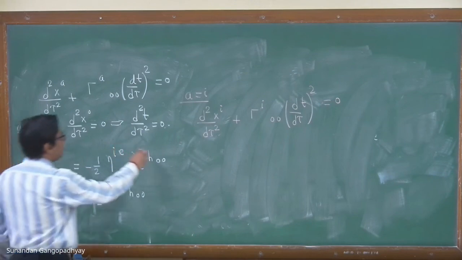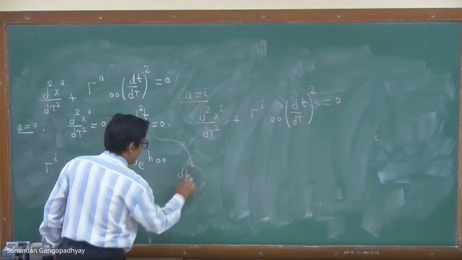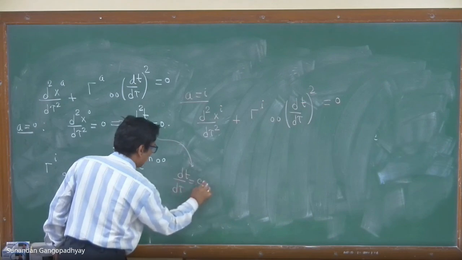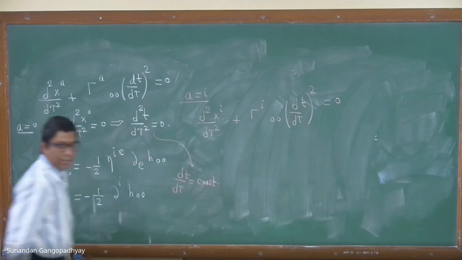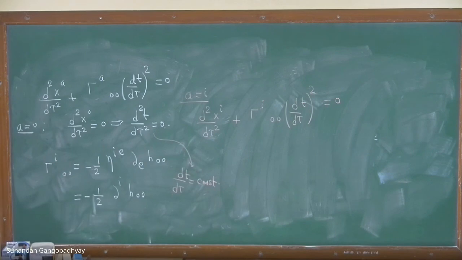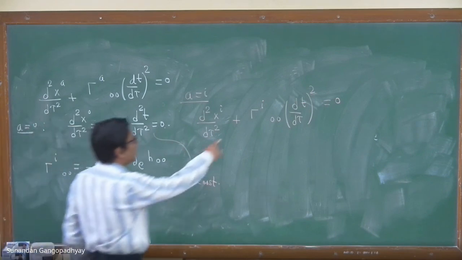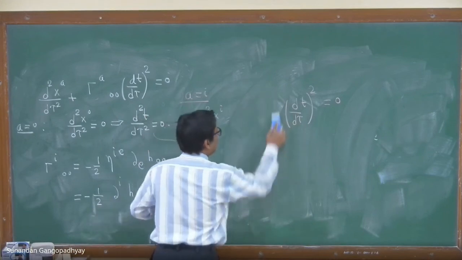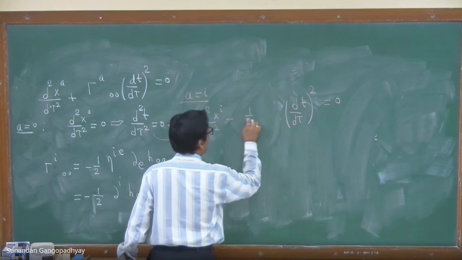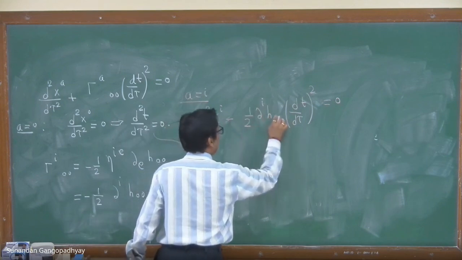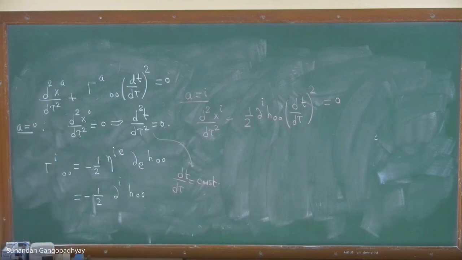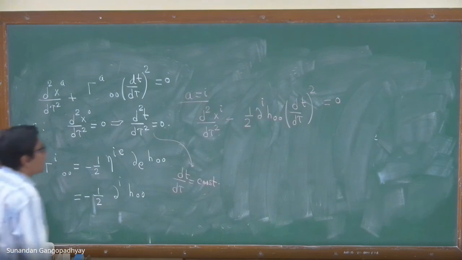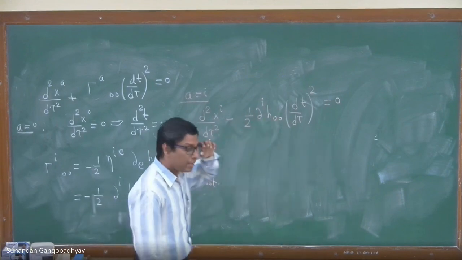But from the earlier equation we know that dt d tau is constant. Let me put in what gamma is: minus half del I in place of gamma I 00. So this is my geodesic equation for the spatial coordinates.